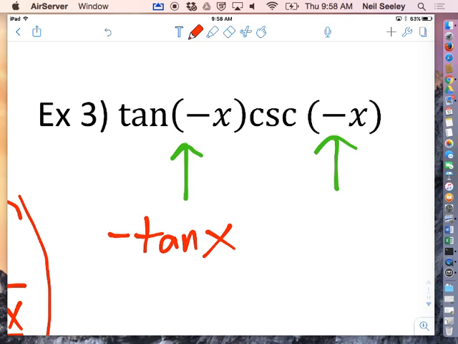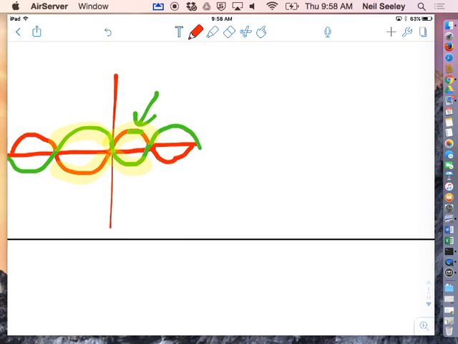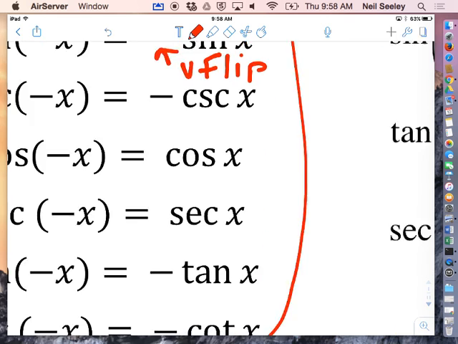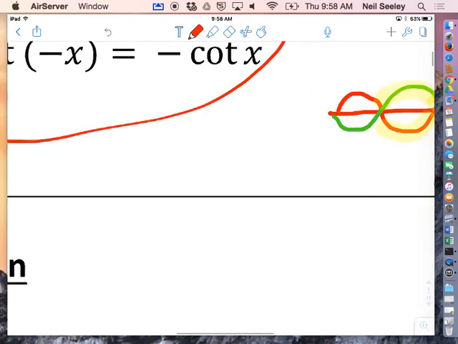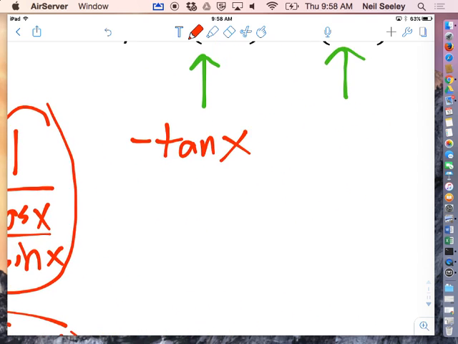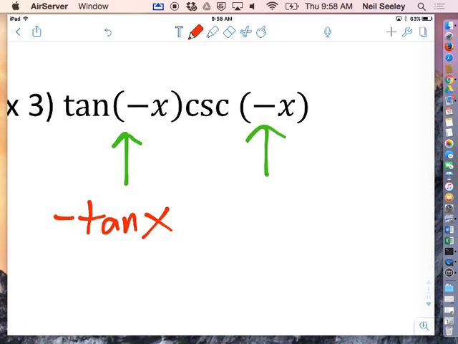They really are the same graph in every single way. Cosecant of a negative x has an identity too, so we swap those out. So I go over here and say, cosecant of negative x, not all are the same, by the way, is negative cosecant of x. There's a pattern to how these work. If there is an odd symmetry about these graphs, then this identity is the same for all those odd symmetry graphs.